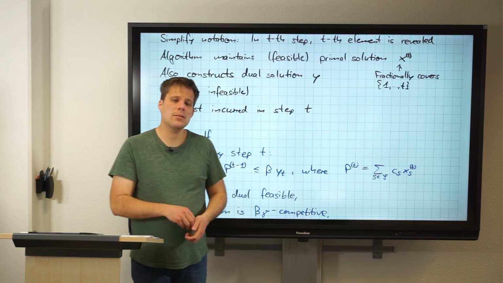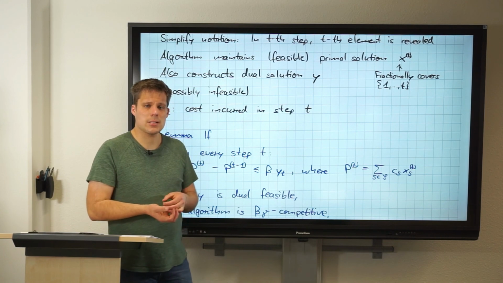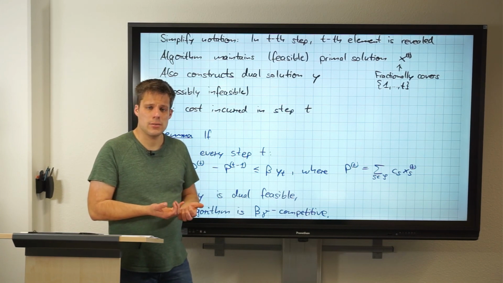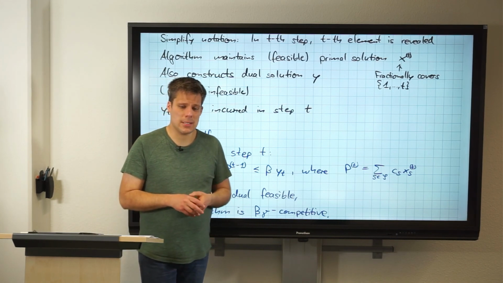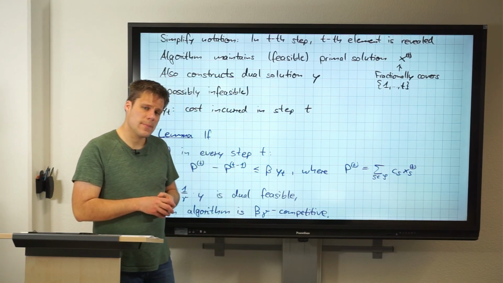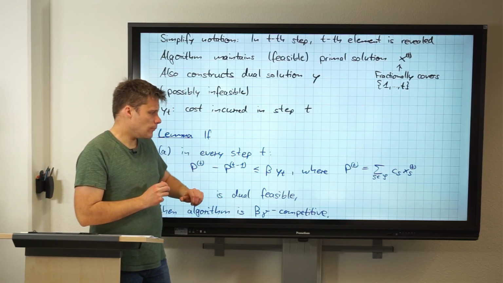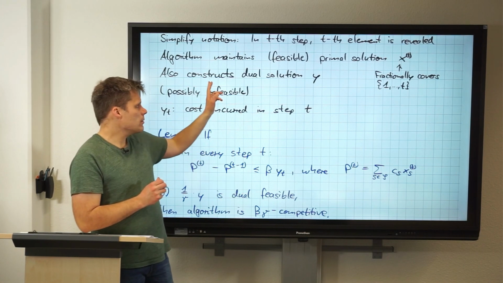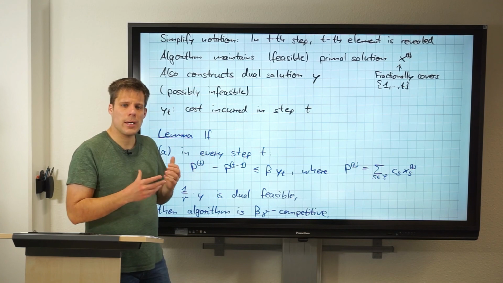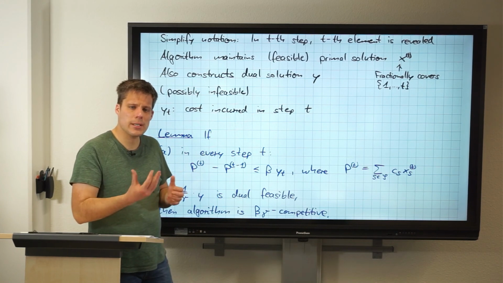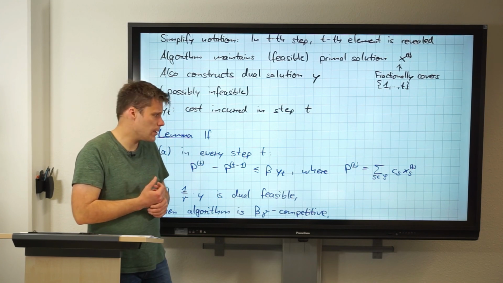Then in time t, another element gets revealed to us, meaning a constraint in the primal LP. Then we'll have to increase the x variables. And not only this, we will also write down somewhere how much we are paying. This is what we write down as yt. This is the cost that we are incurring now.